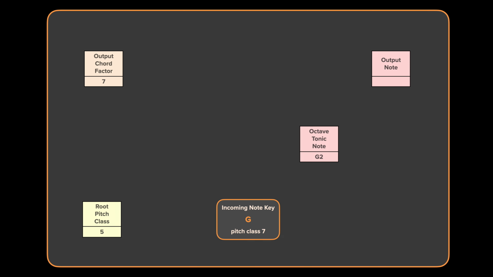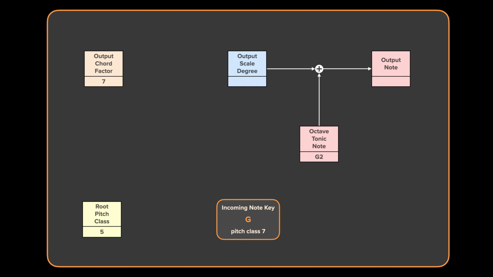That octave starts at the octave tonic note. The output note then will have to be some distance from 0 to 11 semitones above the octave tonic note. That distance is the scale degree of the output note. If we knew the scale degree of the output note, we could add that to the octave tonic note and find the correct output note. How can we find the output scale degree?